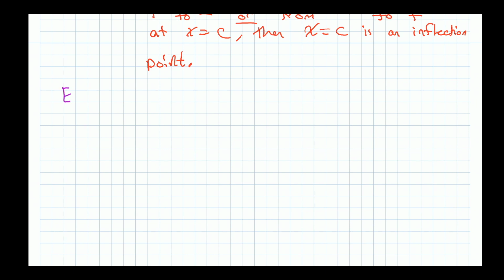The homework, the first question asks me about an inflection point, which is surprising, it's a weird first question, but we'll try it. So we have a function. Nothing special about it, it's just a function.